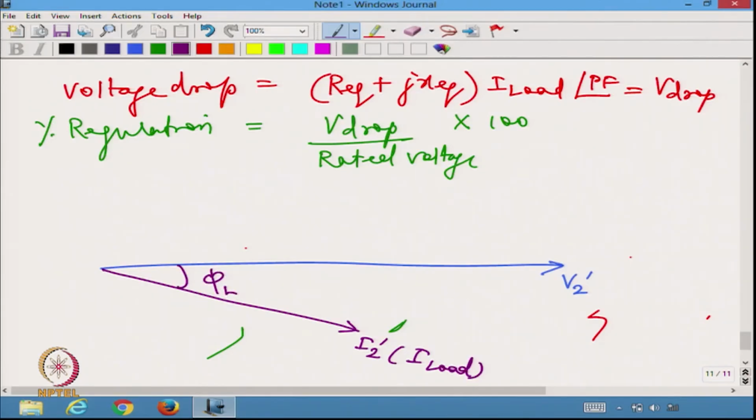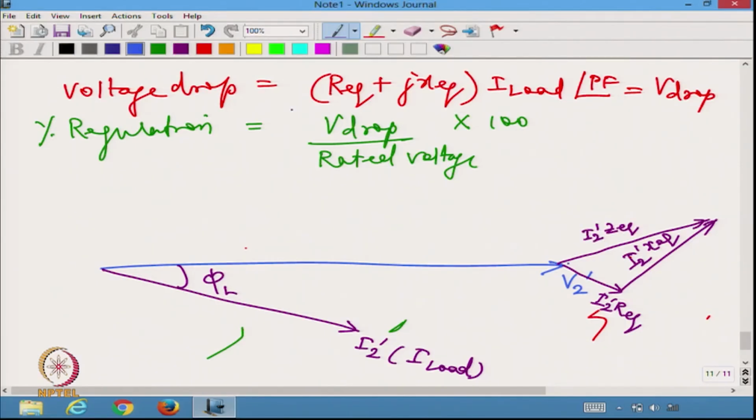Now, if I try to look at what is I2 dash multiplied by R equivalent, it will be in parallel with this. So, this is I2 dash multiplied by R equivalent. Perpendicular to that will be I2 dash multiplied by X equivalent, and what I look at here as the summation of these two, this will be I2 dash Z equivalent.